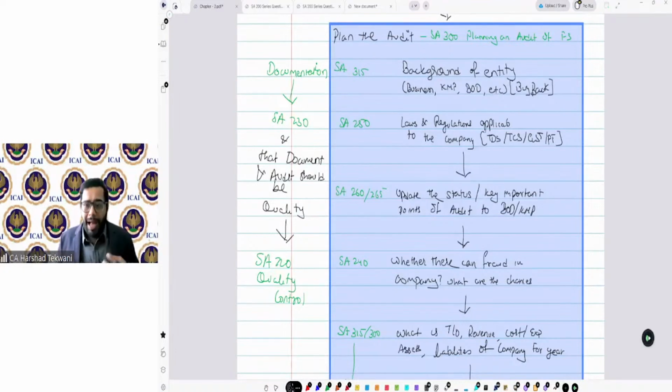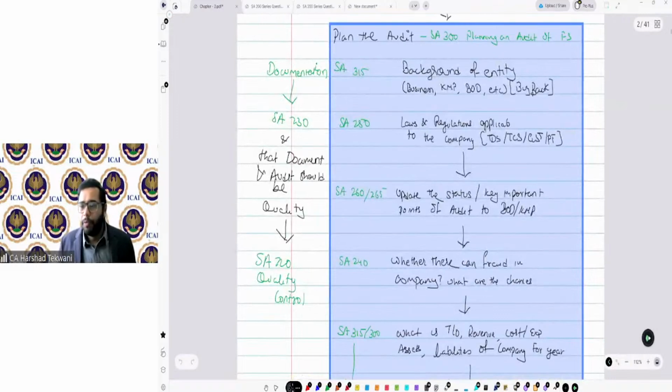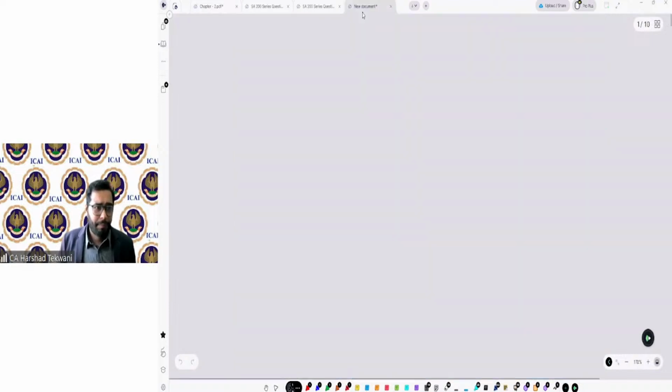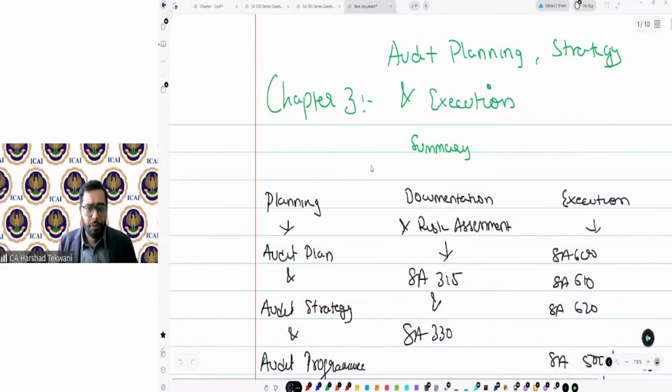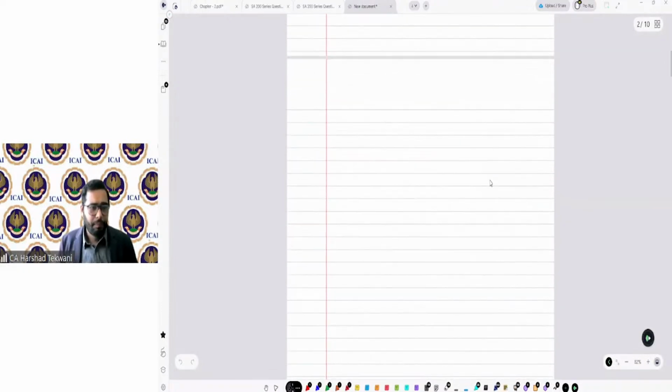Now the question that comes is, how and to what extent do we need to plan for an audit? And is planning required to be done at a particular point in time, or when do we need to do the planning? That is a question that might come into your mind.